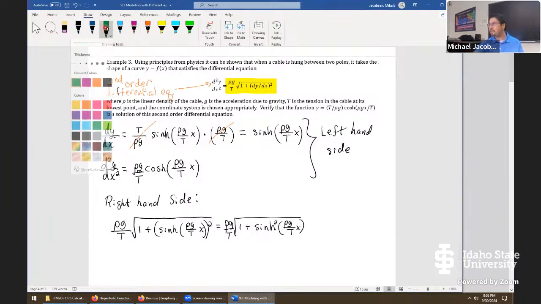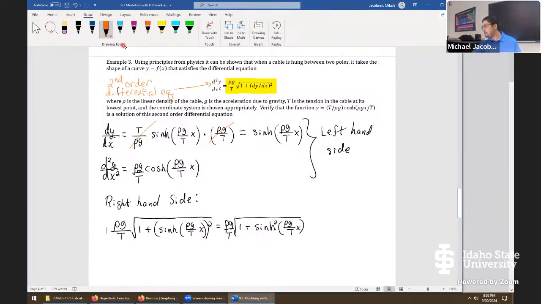We can say cosh squared of x minus sinh squared of x is 1. Add hyperbolic sine squared to both sides, and we get cosh squared of x equals 1 plus sinh squared of x.